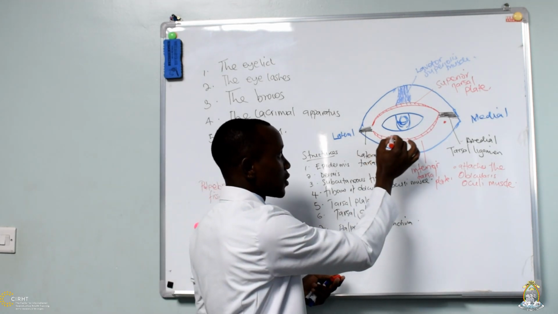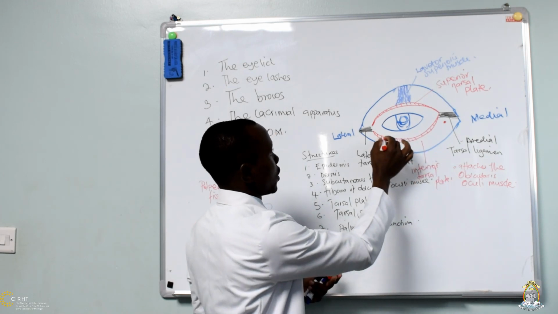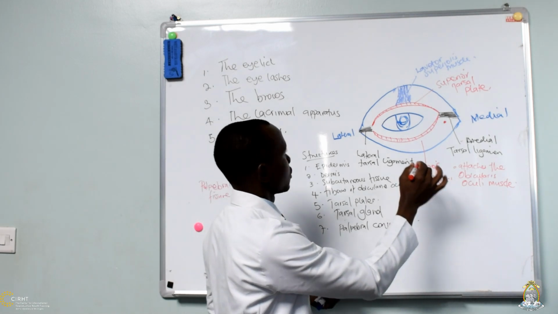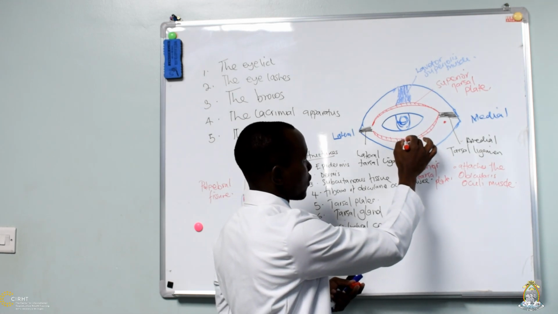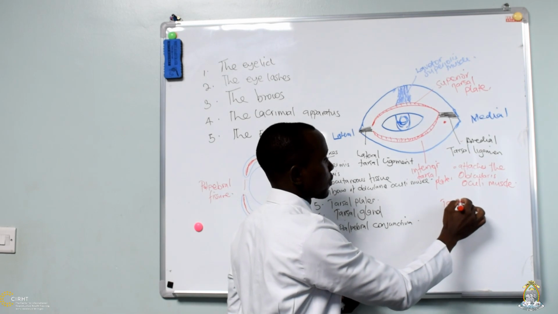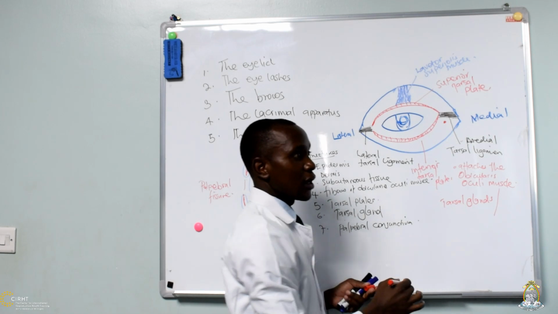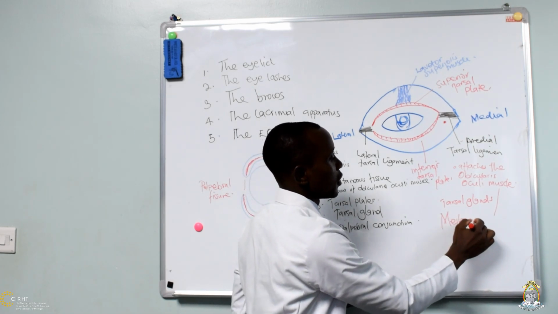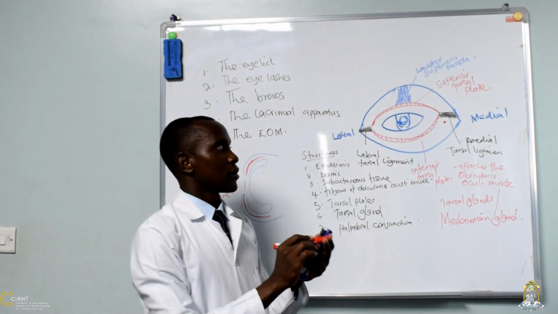Within the tarsal plate here, we have a very important gland, that is the tarsal gland. We have the tarsal glands, sometimes also referred to as the Meibomian glands.